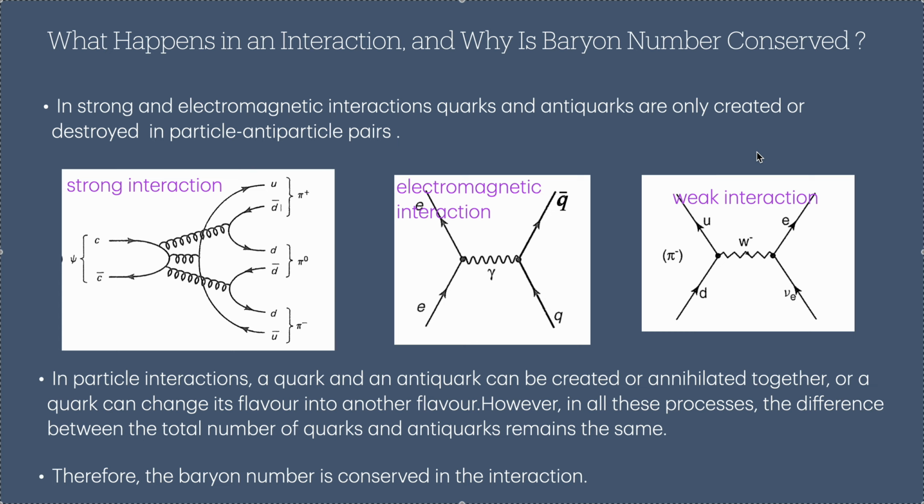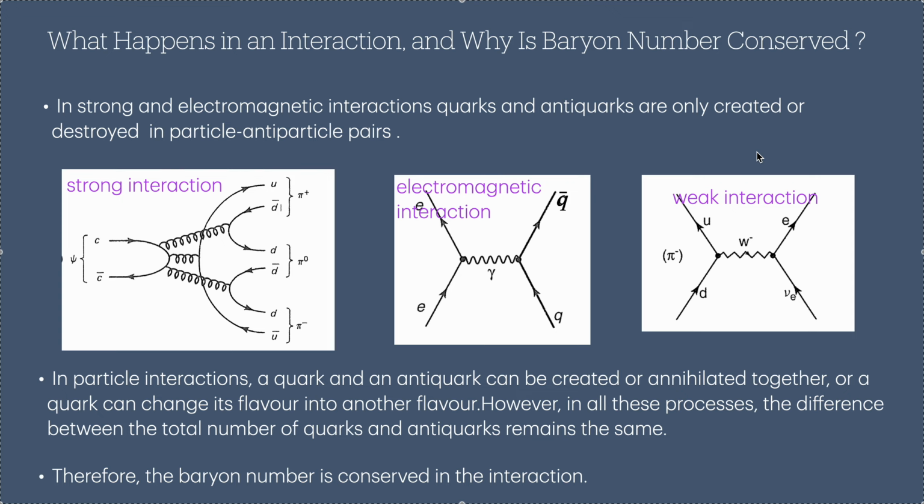How will the baryon number change, or the net quark number minus net antiquark number? It will not change, because a particle and antiparticle pair is created, so there will be an increment of quark number and an increment of anti-quark number, so the difference will not change.